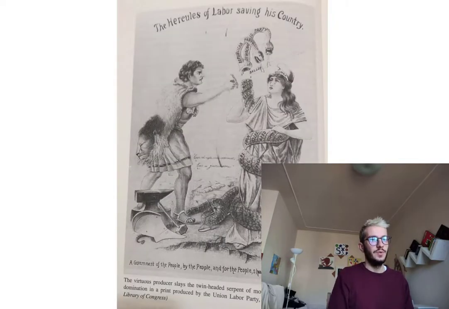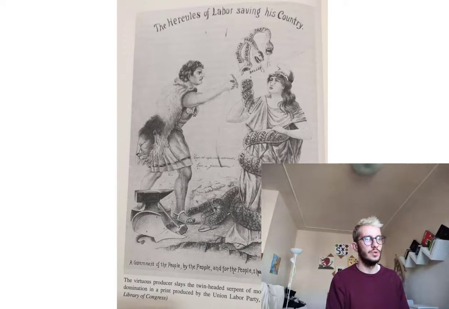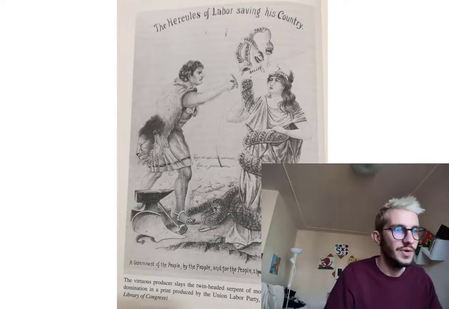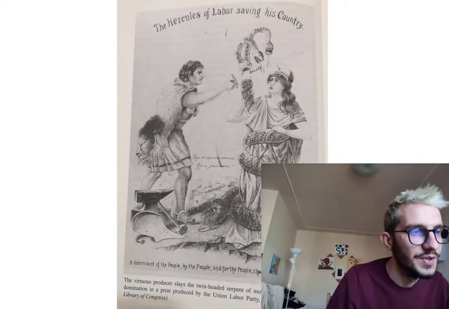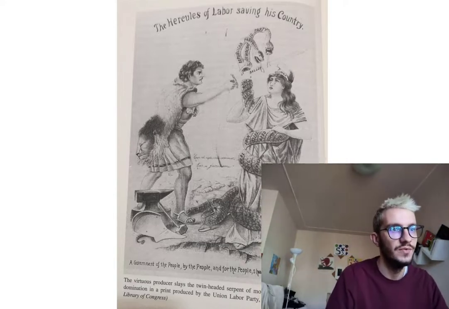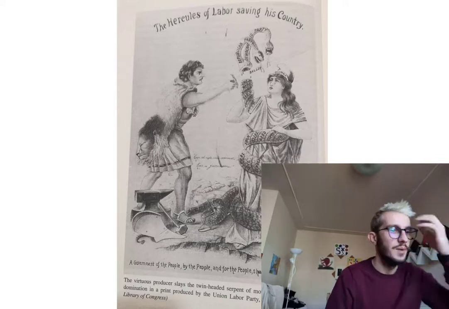Another caricature from 1888: a virtuous producer slays the twin-headed serpent of monopoly and major party domination. This is a print produced by the Union Labor Party, and it portrays Hercules slaying the two-headed serpent, which suffocates the symbol of the USA, the Statue of Liberty, with Columbia written on it.